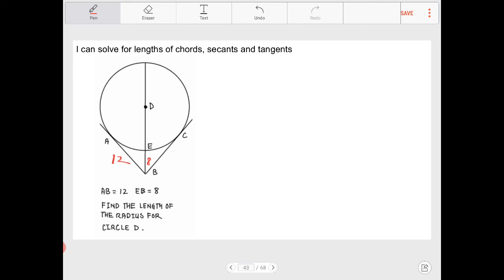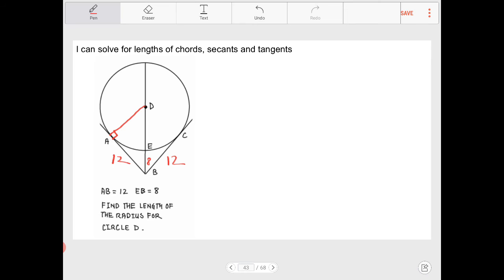So actually, this is the same problem as one of the first questions that we looked at in this lesson. Well, I know that AB is 12, so therefore BC must be 12 because all tangents are equal in length. However, because these are tangent, I also know that the radius is going to be perpendicular to the tangent.